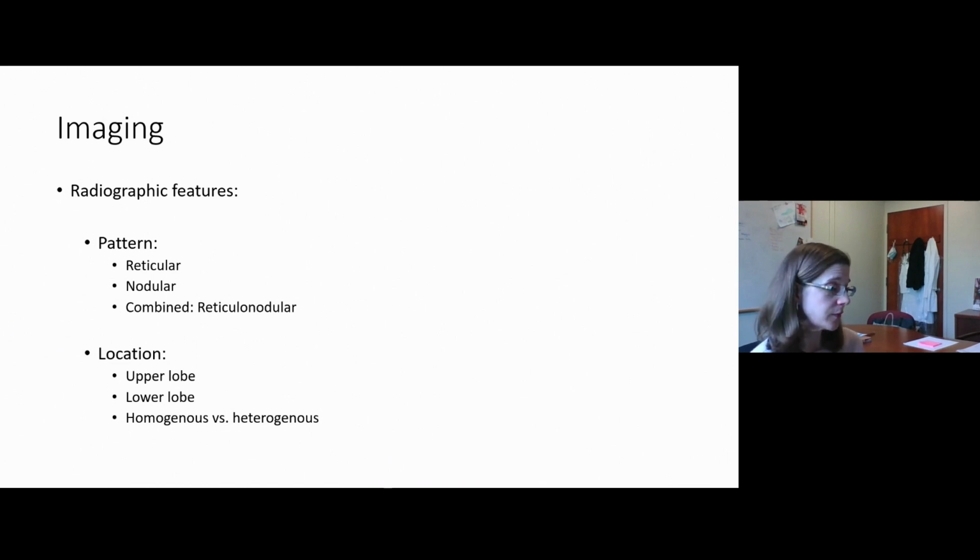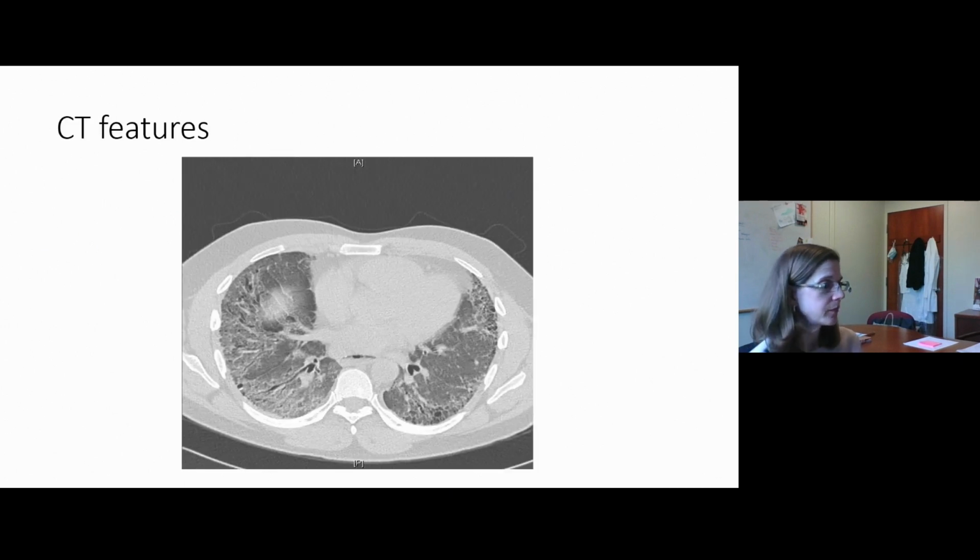But some forms of ILD are very homogeneous with a diffuse distribution that is also noted throughout the various compartments of the lung. The location in terms of upper lobe versus lower lobe predominance can also be helpful in distinguishing the various forms of interstitial lung disease from each other.